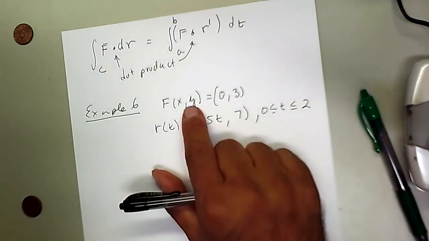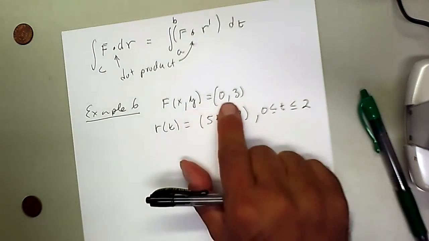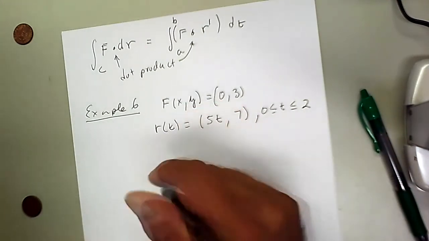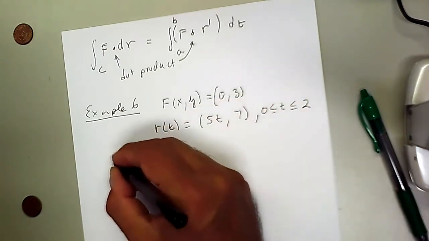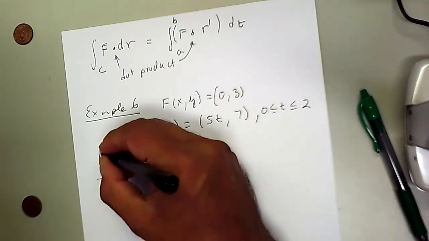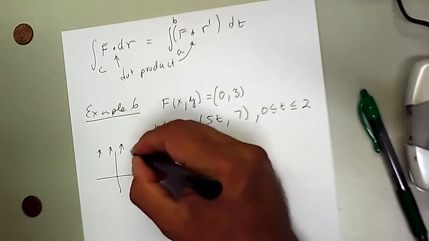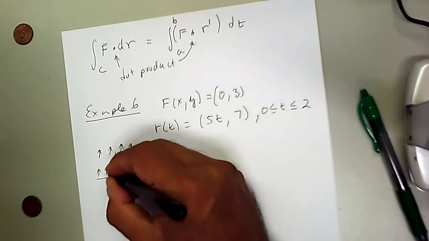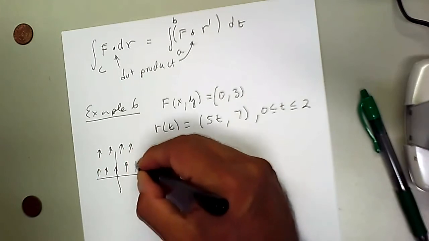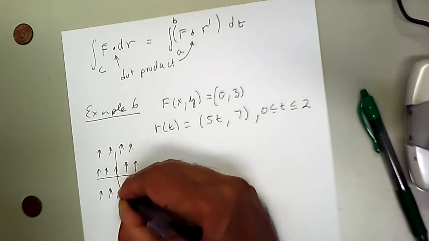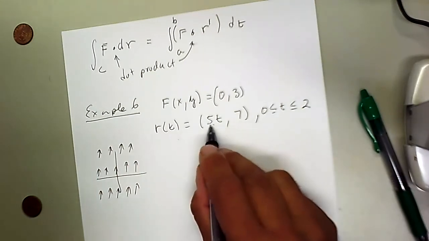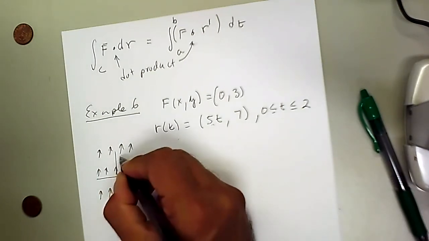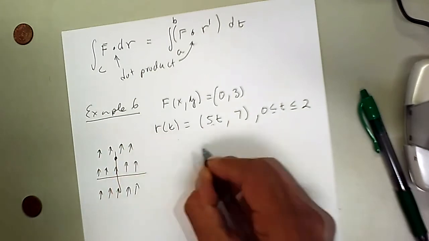So we got a vector field. These are vectors going up. So F is just lines going up. Those are supposed to be vertical. The path we're going to take starts with 0, 7. So somewhere in here, 0, 7.